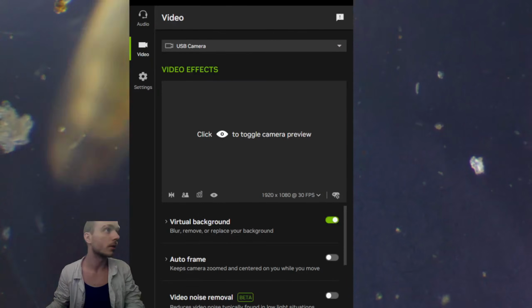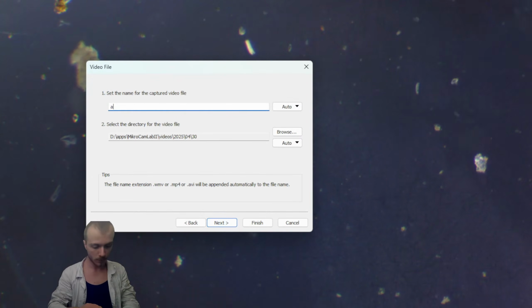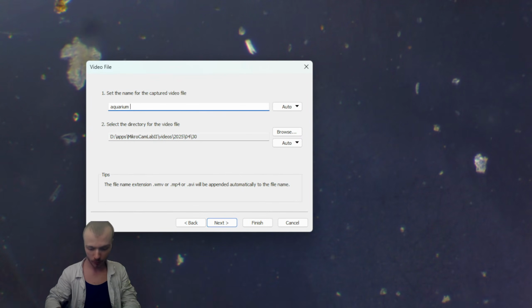But I need this one, the big one. I hope it will not be moving much until I observe it. Here. Virtual background. Okay, microscopy. Aquarium.